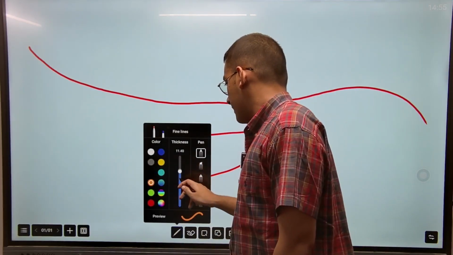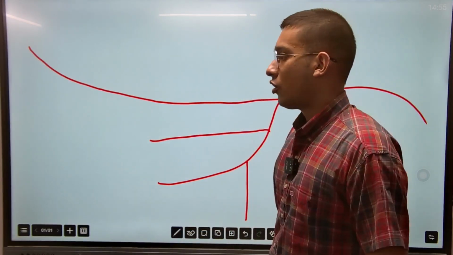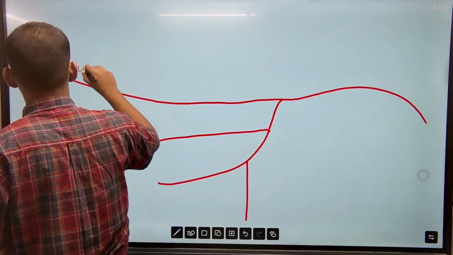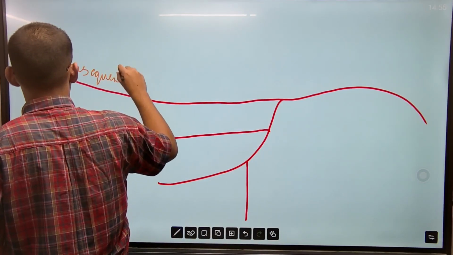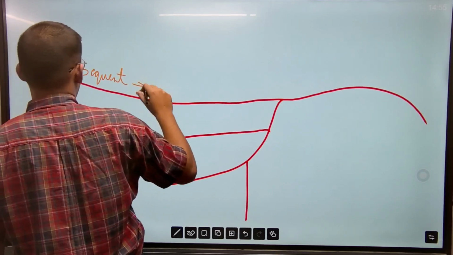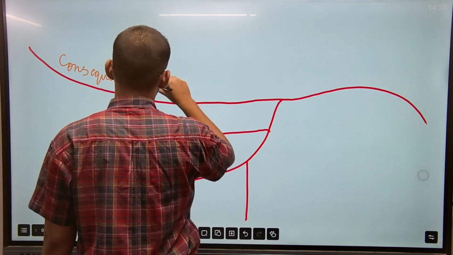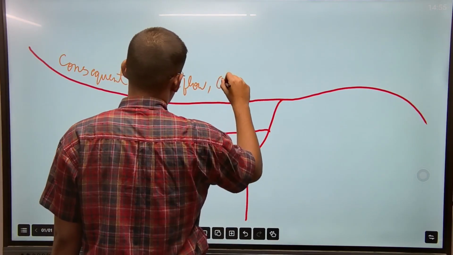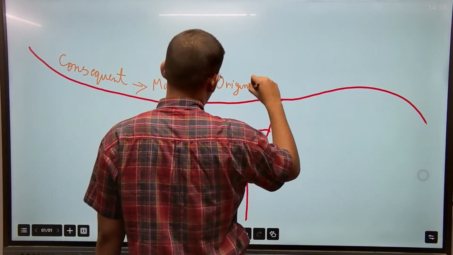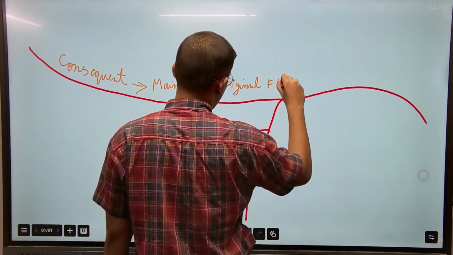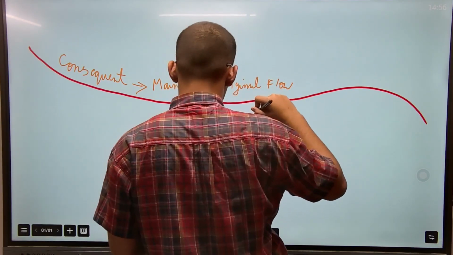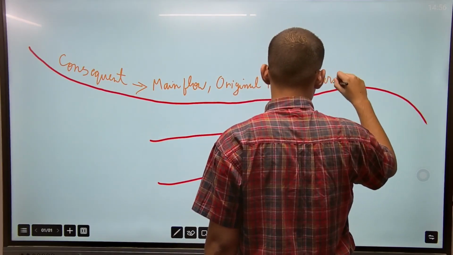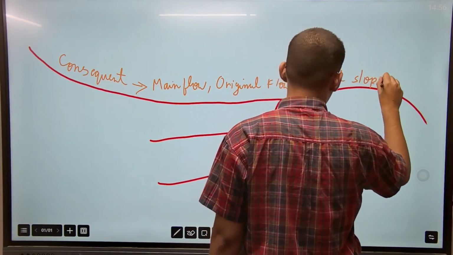A few things will be asked here. Consequent. Whenever you find the word consequent, this is this river. There will be words like main flow, original flow, or general slope.